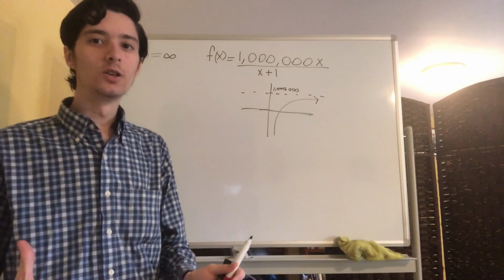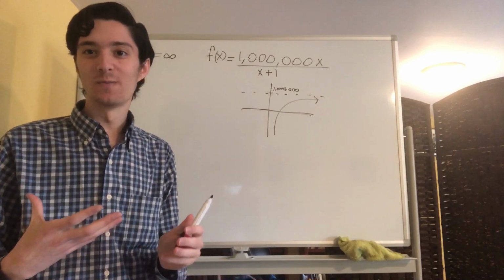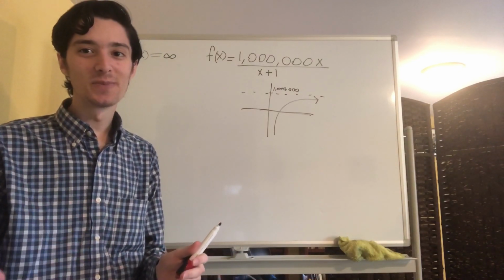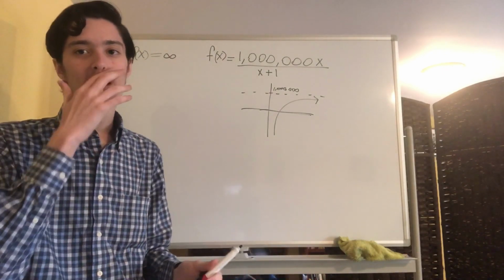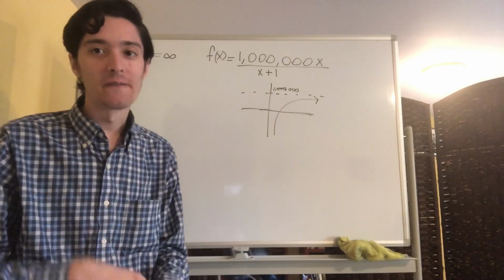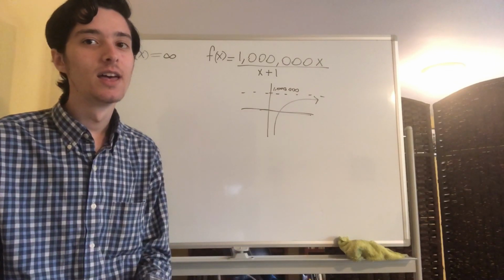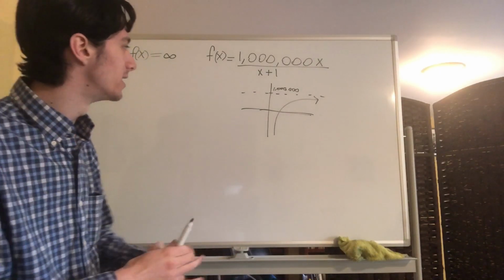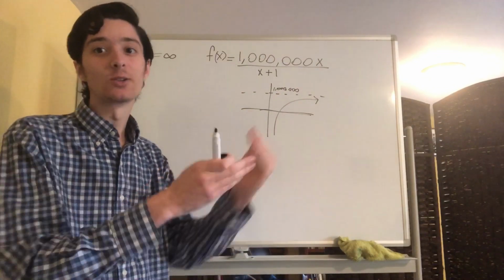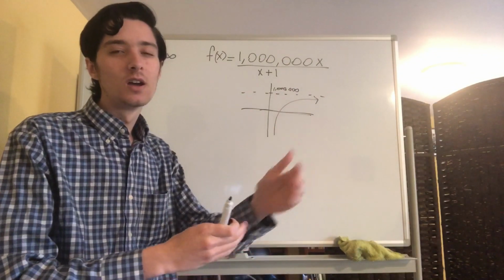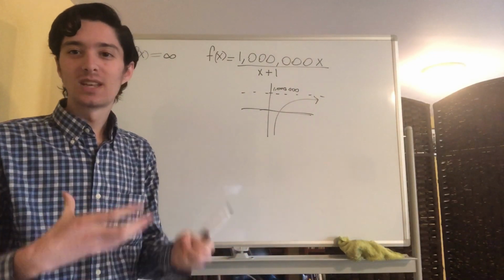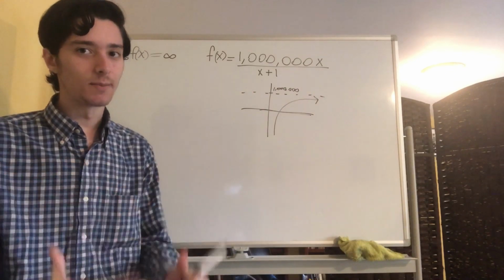Okay, so we make our definition better still. X is large, f of x is large, f of x is increasing, and there also isn't this upper bound. It just keeps increasing. But there is a more specific way of talking about that.